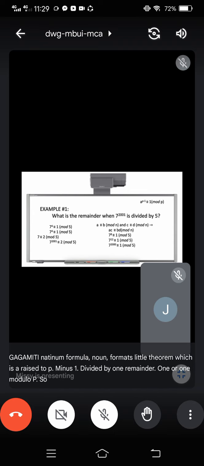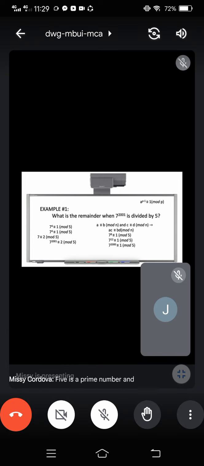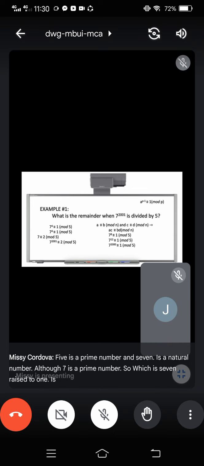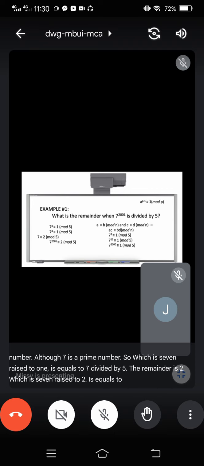The a is an integer and p is a prime number. 5 is a prime number and 7 is a natural number. 7 raised to 1 is 7, divided by 5, the remainder is 2. 7 raised to 2 is 49, divided by 5, the remainder is 4.